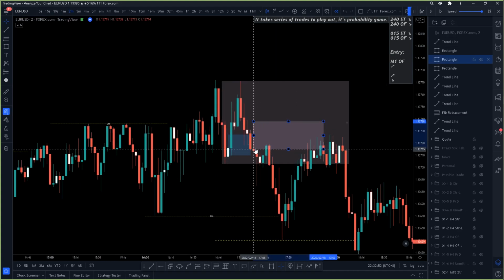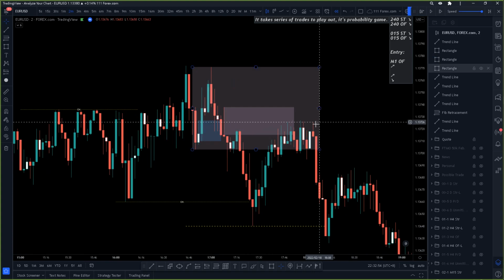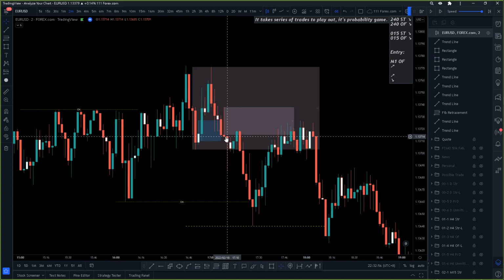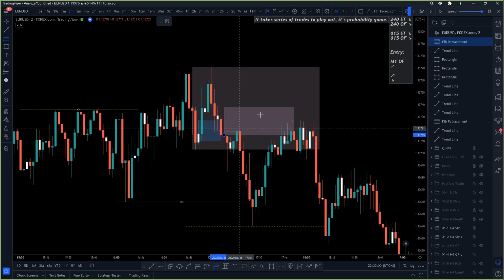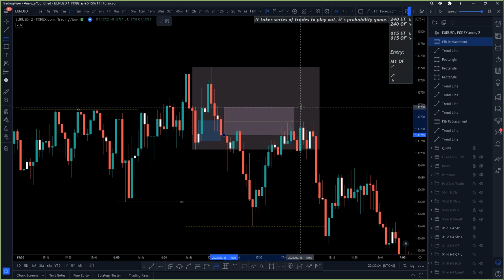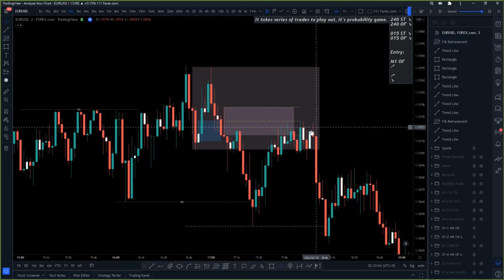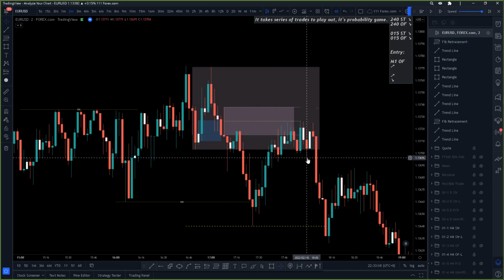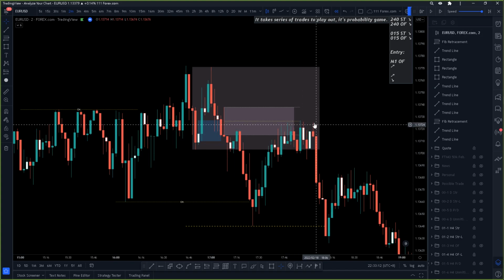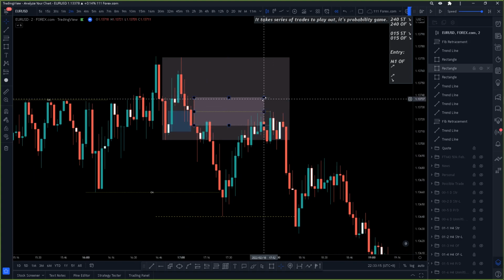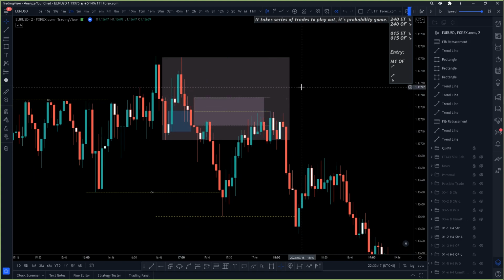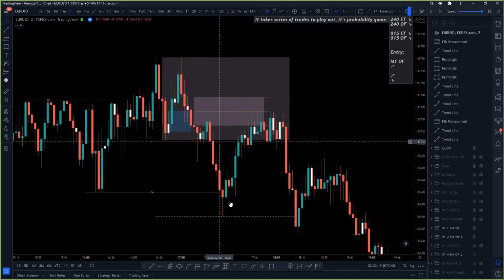Only valid area is like here, the wick, the 50% of this wick. That makes sense. So tap into the wick, make a change of character and a sell off later on. Tap and go.